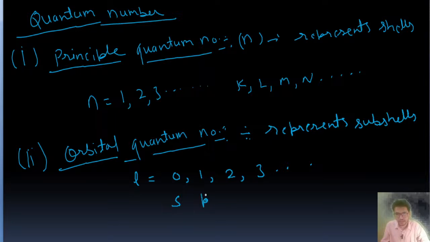So 0 means S, 1 means P, 2 means D, and 3 means F, and so on. Very basic things, guys. So this is the orbital quantum number represented by L.